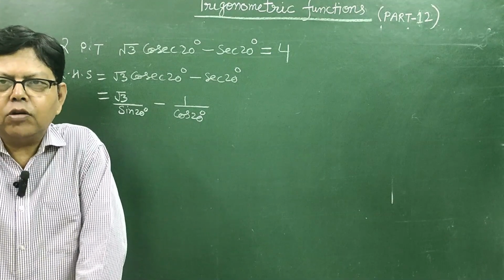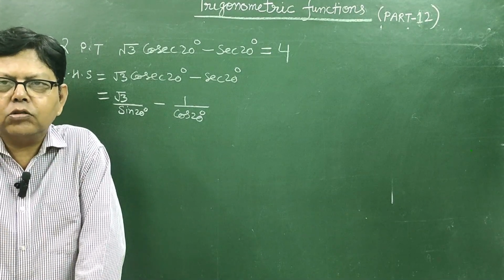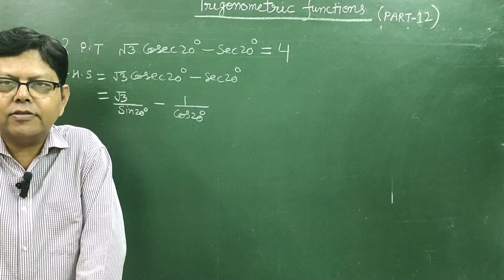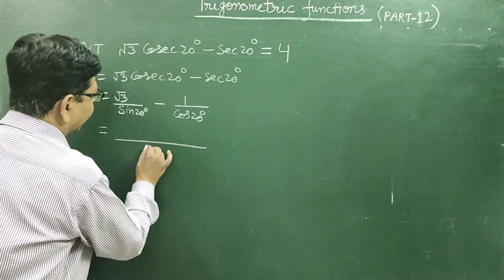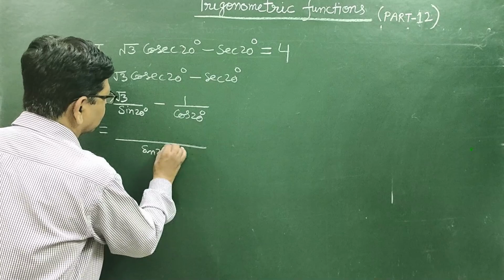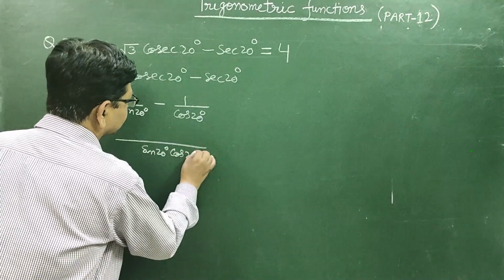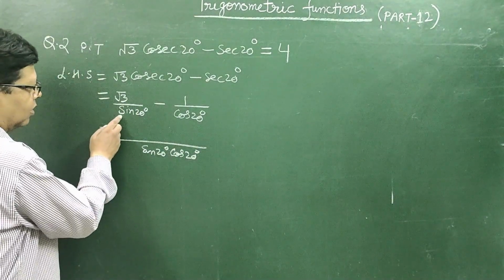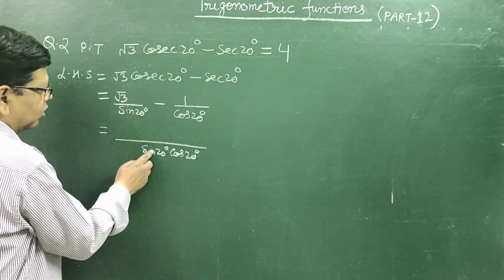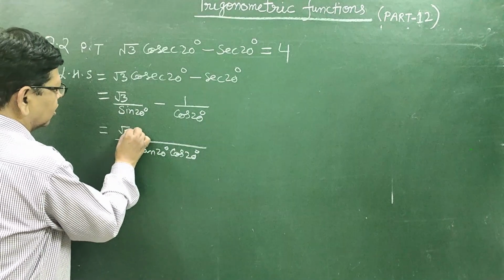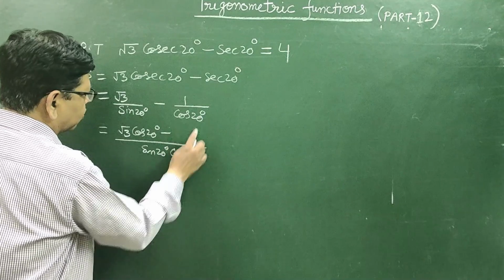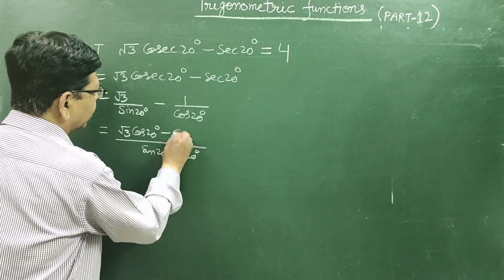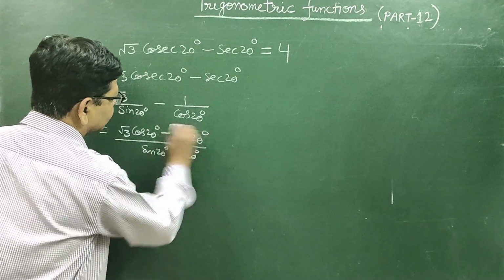You don't know the value of sin 20 or cos 20, so now let us take the LCM and see what happens next. Sin 20° into cos 20°, and sin 20 cancelled, you get √3 cos 20° minus sin 20°.